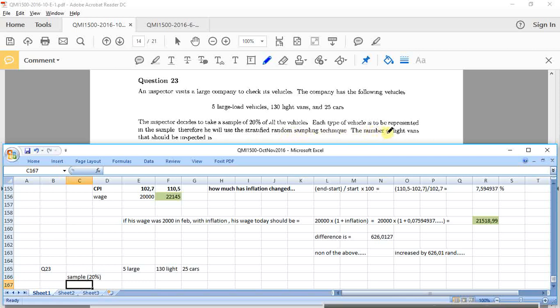The number of light vans that should be inspected is, okay, so go to your textbook. We need to remember what stratified random sampling is.